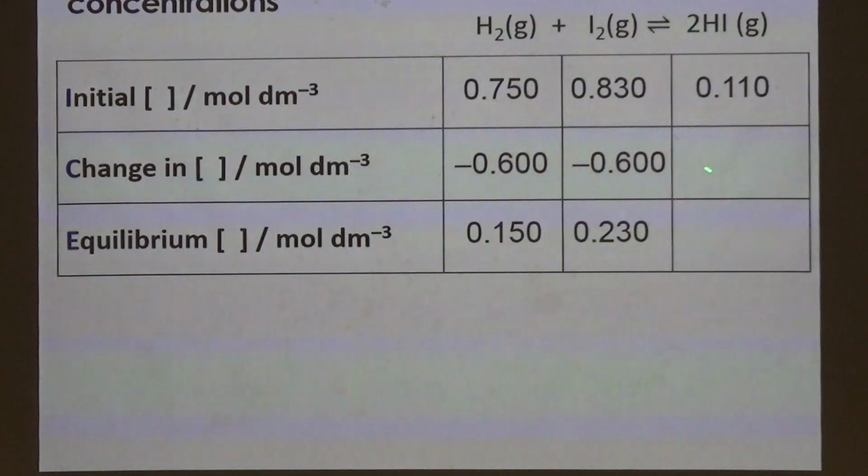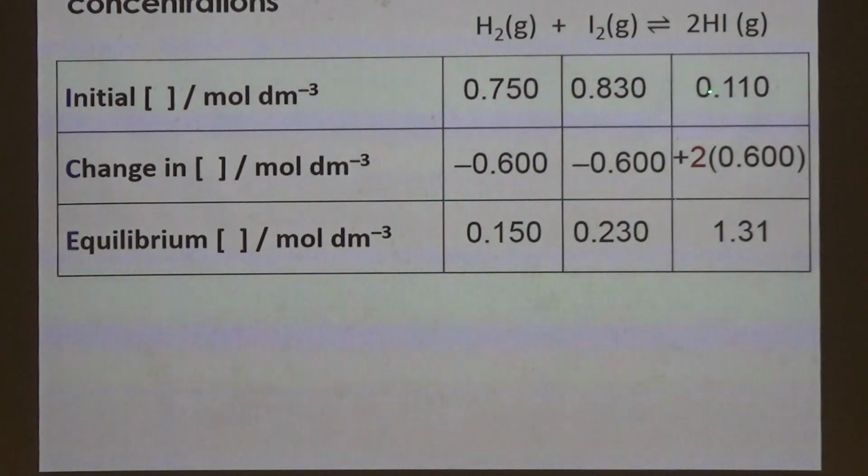So what is the change in concentration of HI? It will be positive, because now we are favoring the forward reaction. It is positive 2 times 0.600, which is 1.2.